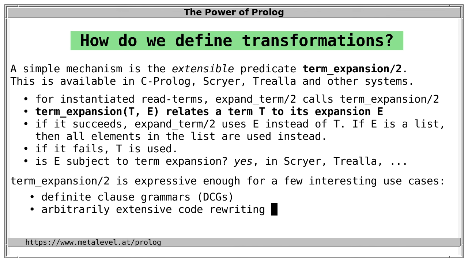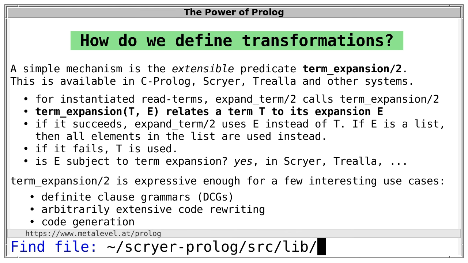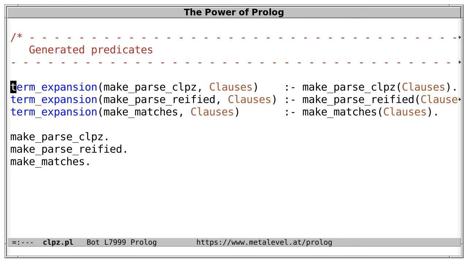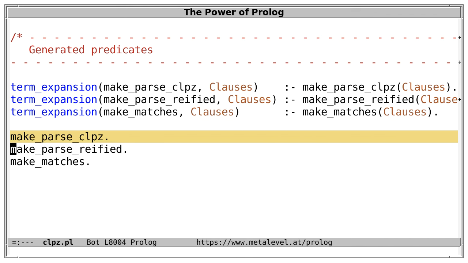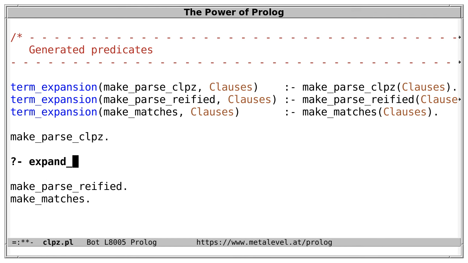And using term expansion, we can not only rewrite existing code, but also generate completely new code. We see an example of this in the CLBZ library. At the end of the file, we see 3 term expansion rules. For instance, there's one for the fact make pass CLBZ, and such a fact appears here. So this fact is subject to term expansion. And what is its expansion?